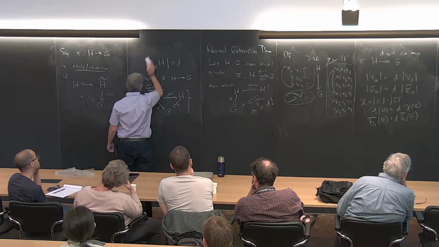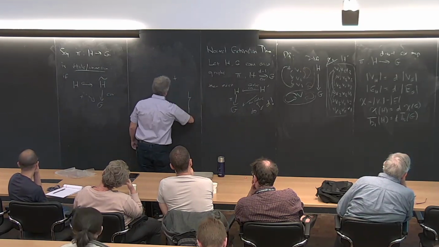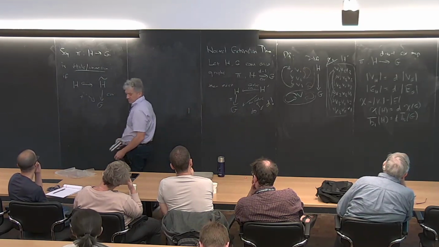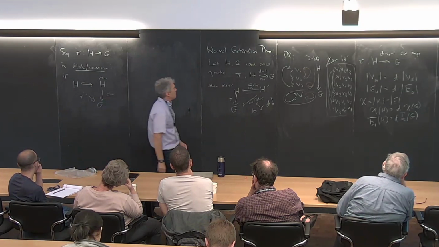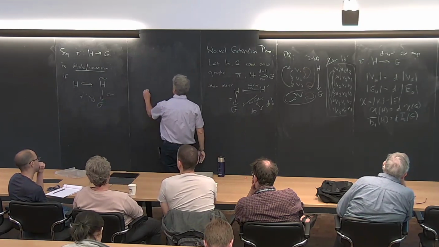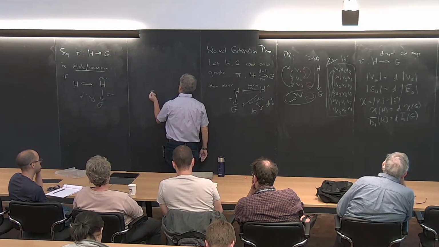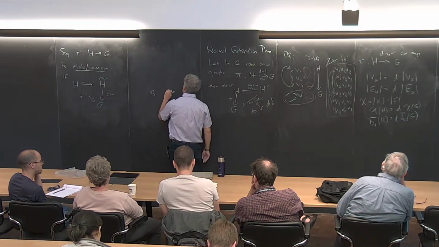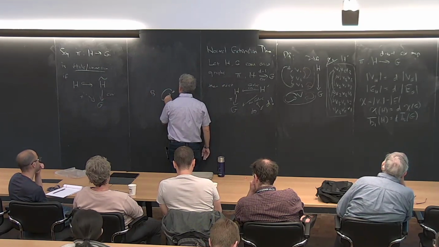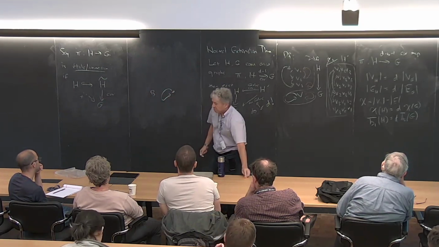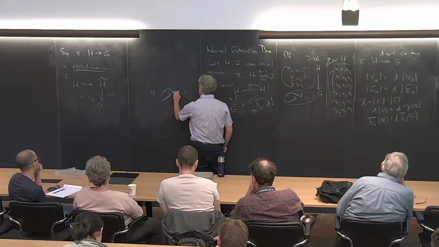So for example, let's say that we look at a very simple graph here, B, which has a single vertex and two oriented edges. Say one white, one red.